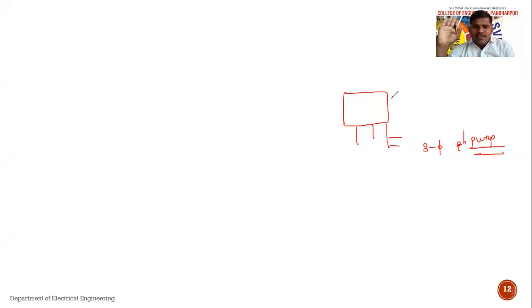Okay, see, suppose in the rainy season, whether the pump on that transformer is in running condition or not? Off condition. So the pumps connected on that transformer are at off condition.